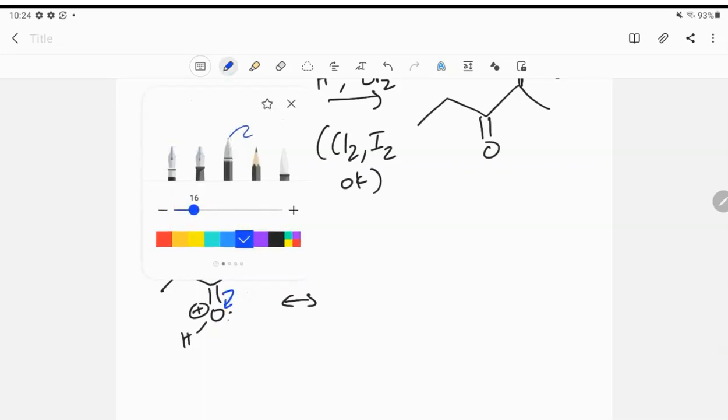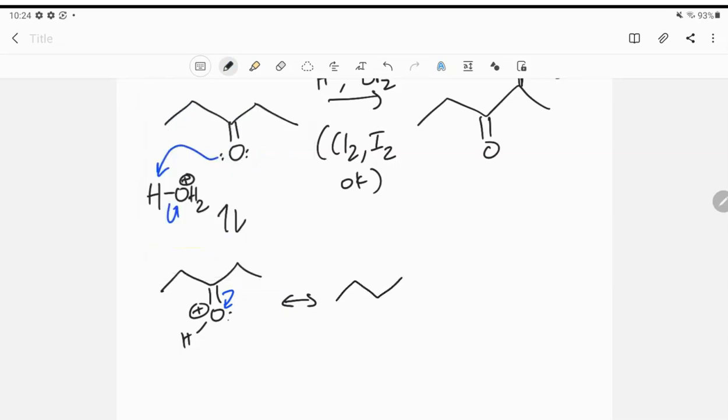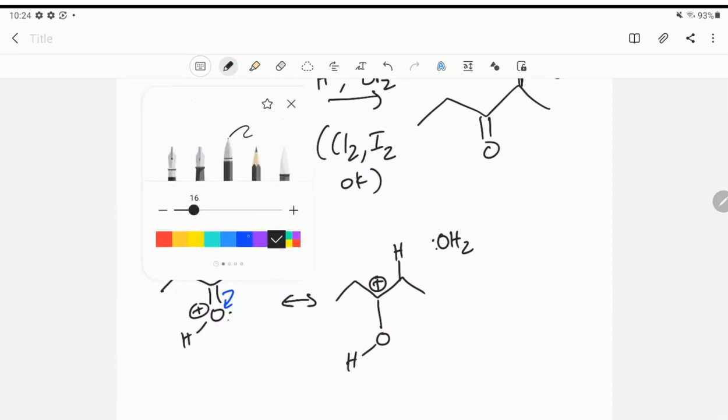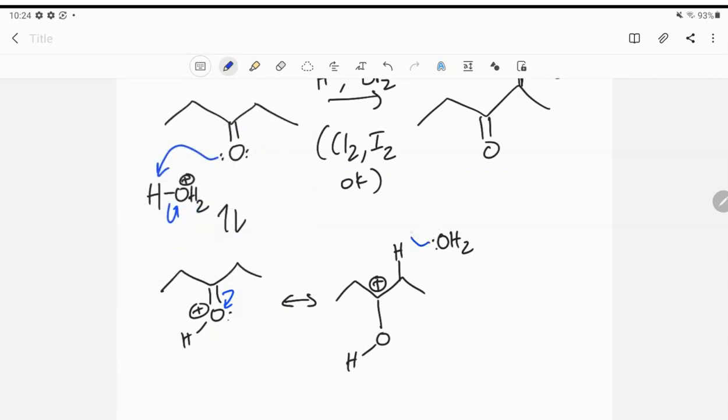This is just resonance. We have our carbocation. And now we will have our water come in and deprotonate that.